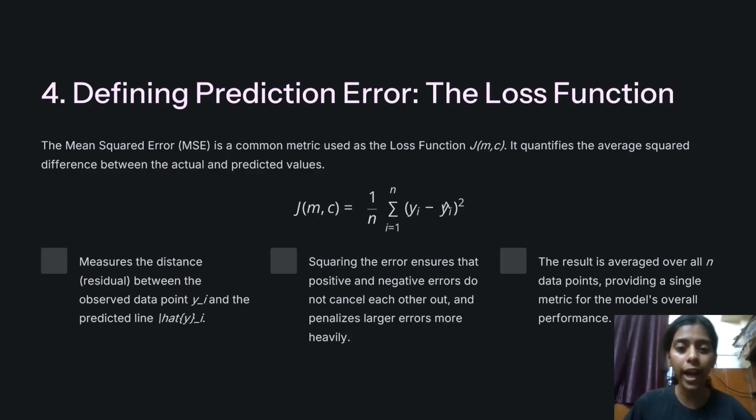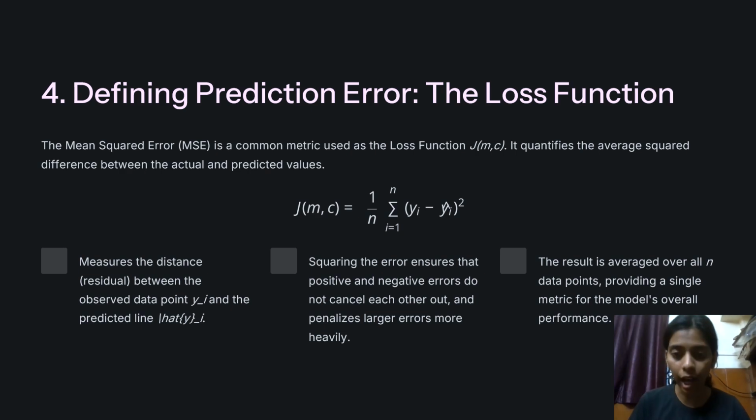It says defining prediction error, that is the loss function. To evaluate how well our line fits, we calculate how far each predicted value is from the actual observed value, right? This distance is called error or residual. A popular way to combine all these individual errors is the mean squared error, that is MSE, represented as the given equation.